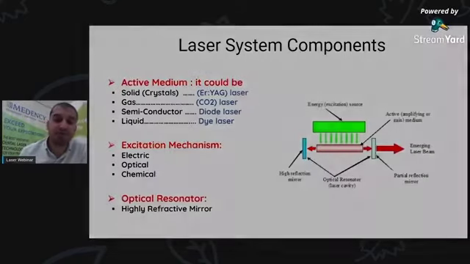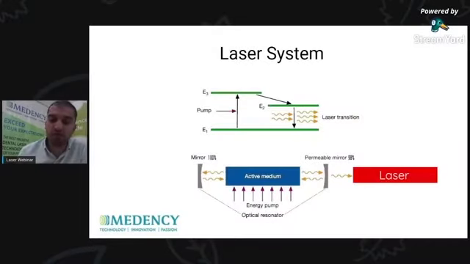What happens deep inside, and I don't want to bother you with this complicated info, is that the energy or the power source we have works on the active medium and tries to excite its electrons. Once the electrons have excitation or gain energy, they go from their energy levels to higher energy levels.